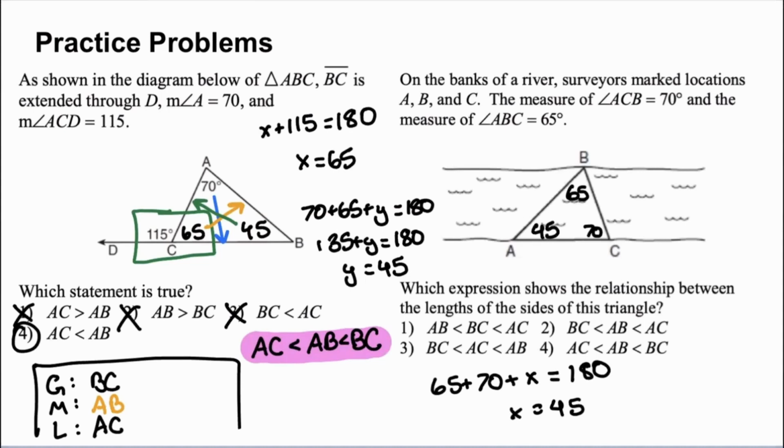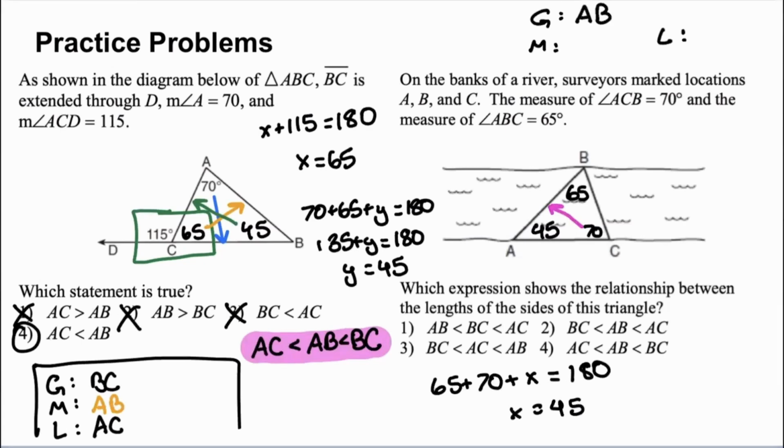And then from here, we would use the angle side relationship again to determine which one's the greatest, the middle, and the least. I'm going to write that up here: greatest, middle, least. Our greatest is again the 70, so we take the 70 and pop it over to the opposite side, and we see that this is measure AB.